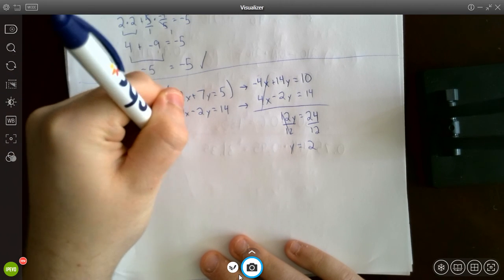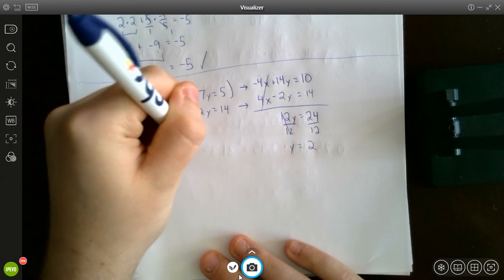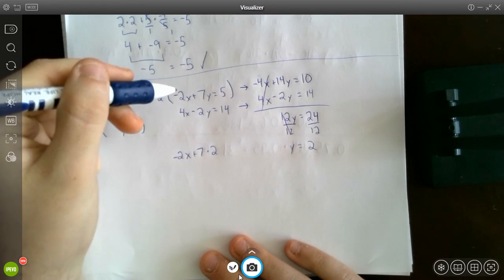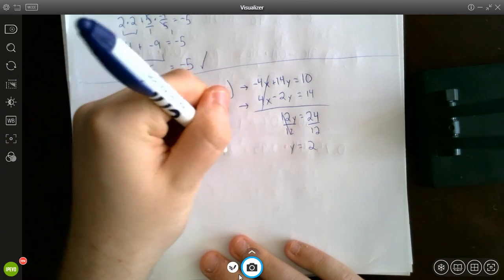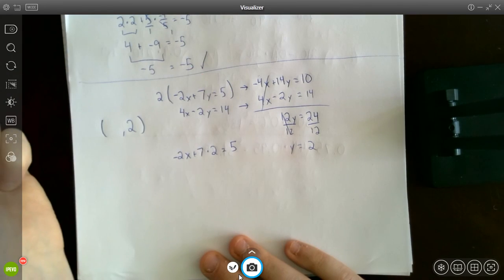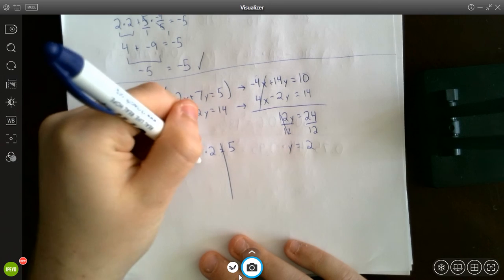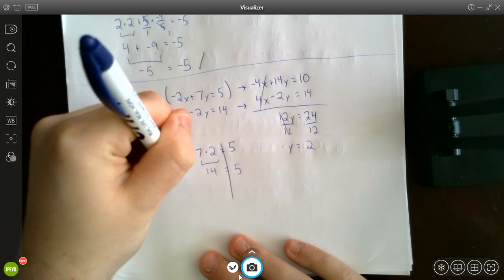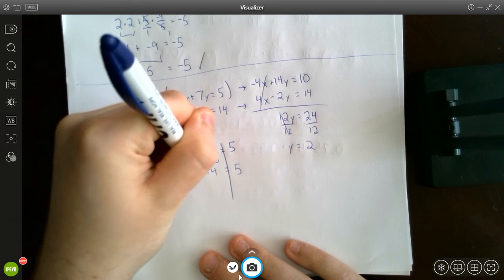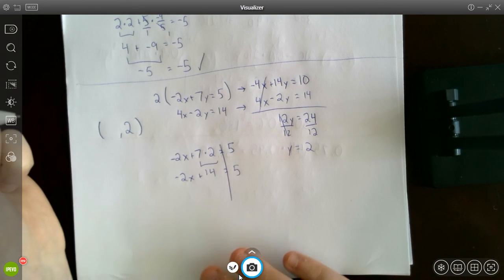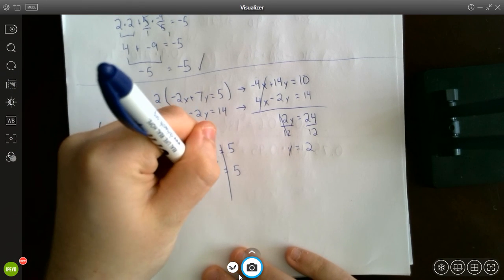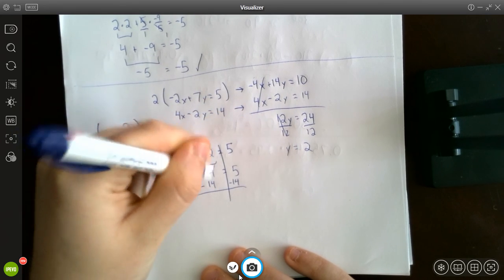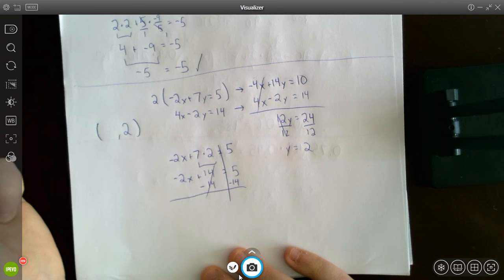So we have the equation negative 2x plus 7 times 2, because now we know that y equals 2, equals 5. Now from here, 7 times 2 is 14, and we have negative 2x plus that 14. So our next step here is going to be subtracting 14 from each side. So this is an algebraic approach to solving this as well.